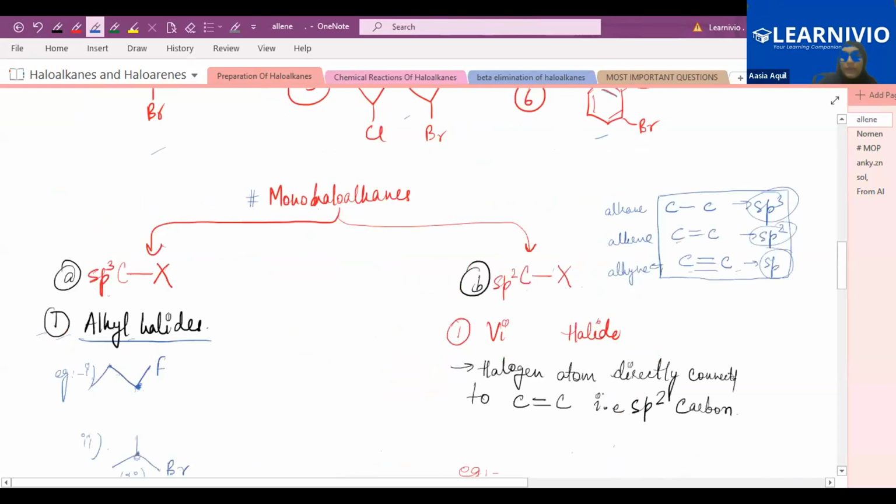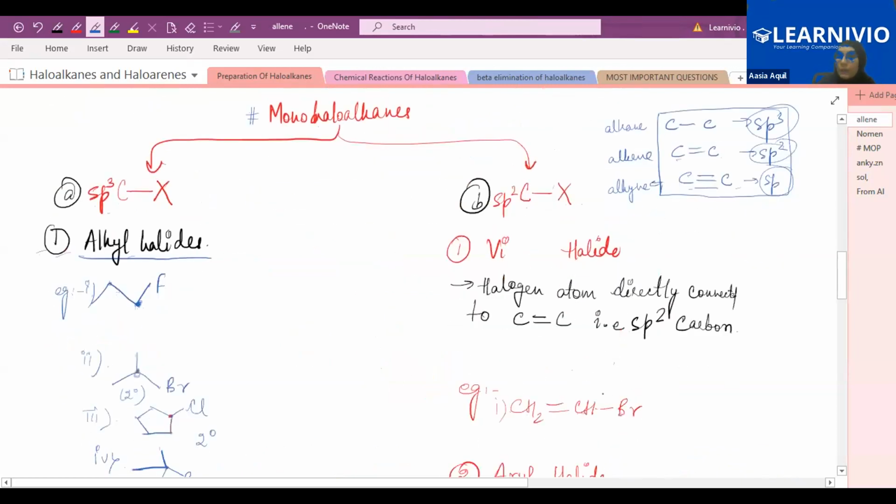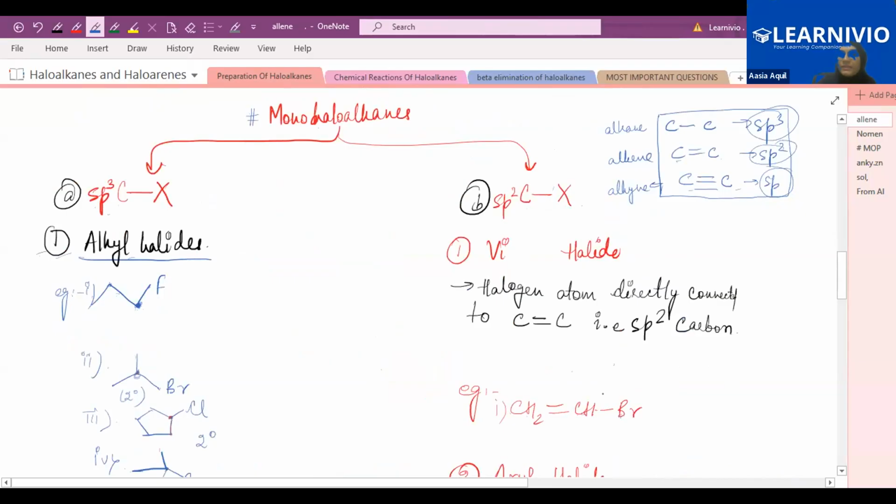Now it's very important. Monohaloalkanes are basically divided into two types. First, when the halogen is attached to an sp3 hybridized carbon. You know how to find the hybridization state?